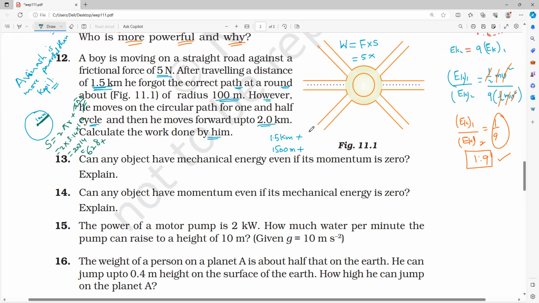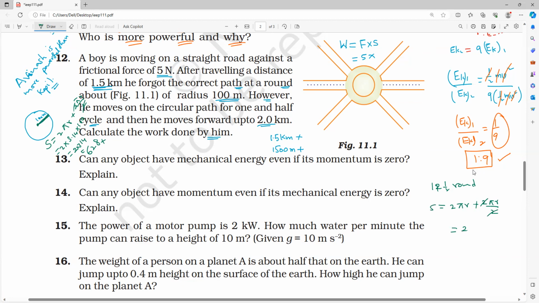So again, here I'll teach. What is the total distance? 1.5 rounds. So 1 round is 2 pi r. Half round is 2 pi r by 2, so the 2s get cancelled.